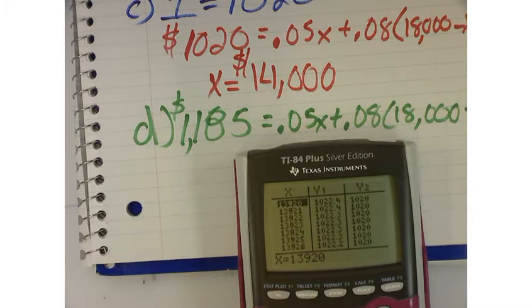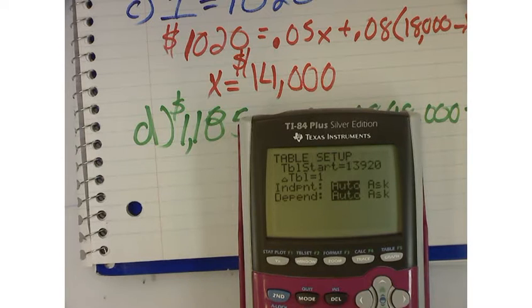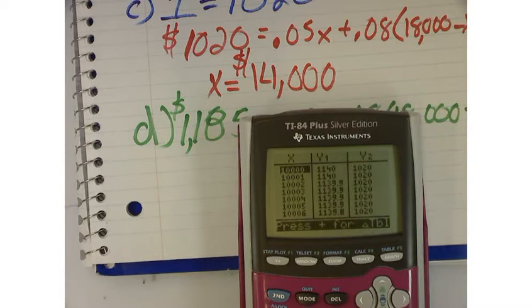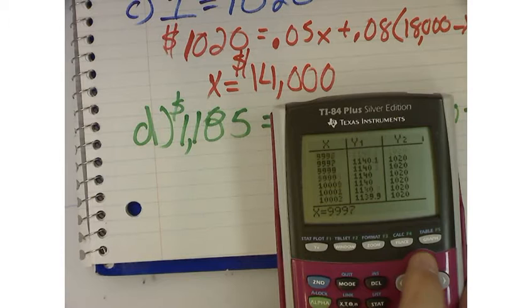Should I try a different number for my table set? Okay. What do you want to try this time? Let's try 10,000. 1140. I'm closer. What am I looking for? 1185. So let's keep going up.